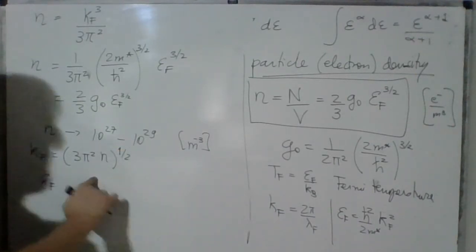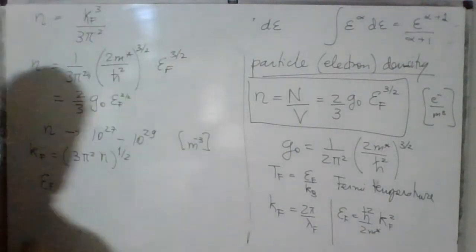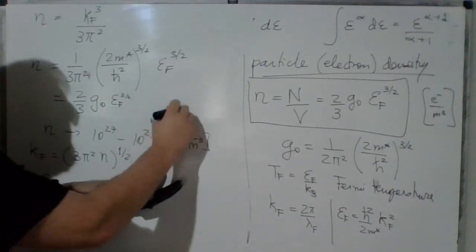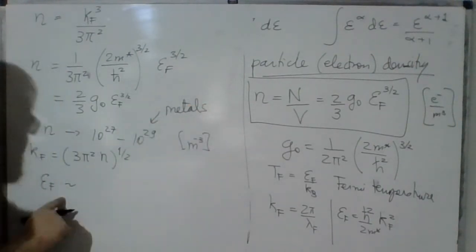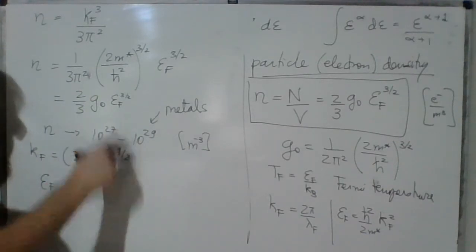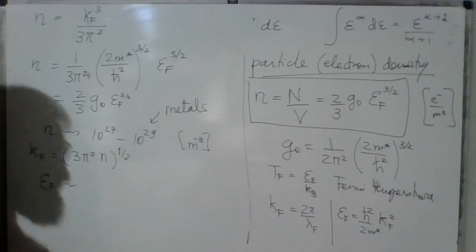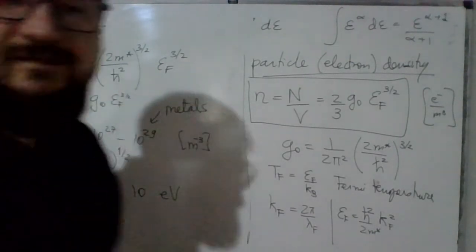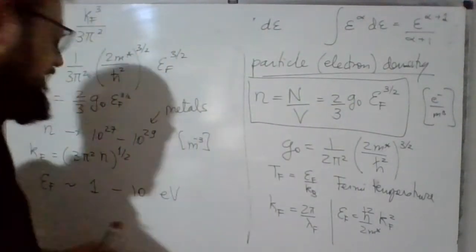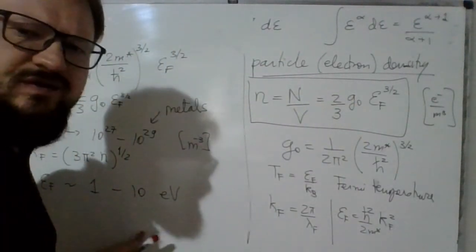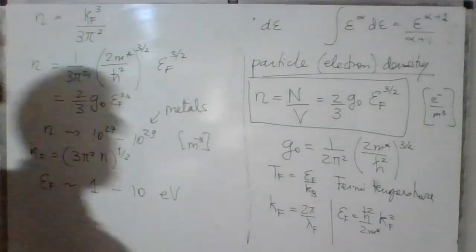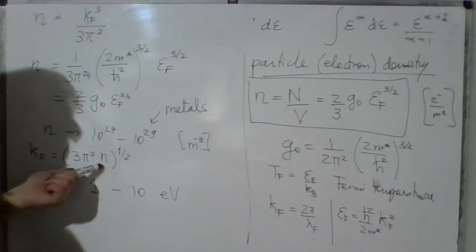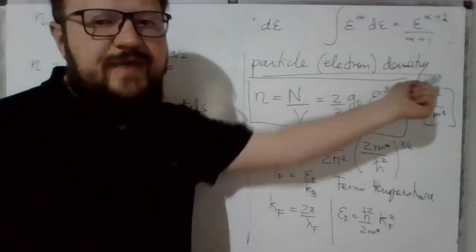You'll find that the Fermi level for metals is around a few electron volts to tens of electron volts. You can find these numbers, right? For sodium, I guess the value is 3.2 electron volts. This is the Fermi level calculated taking into consideration the electron density of the gas.